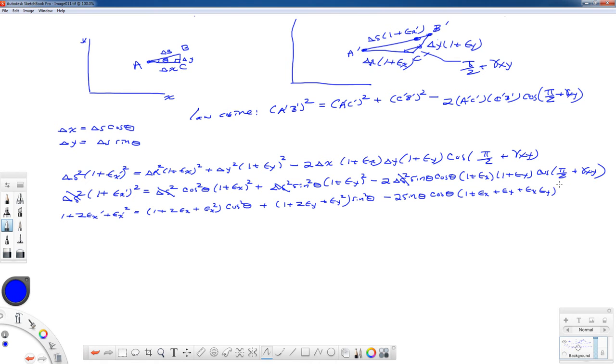And here we have a cosine of pi over 2 plus the shearing strain gamma xy. We're shifting a trig function by pi over 2 radians or 90 degrees. That gives us the other trig function, and this is the negative of sine gamma xy.